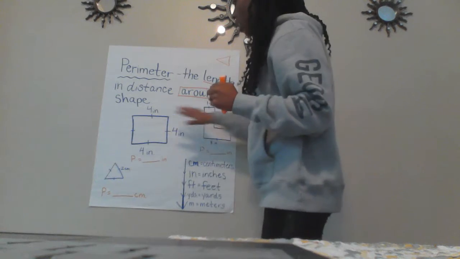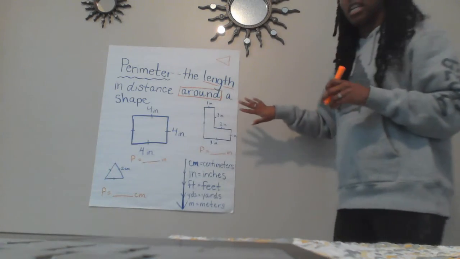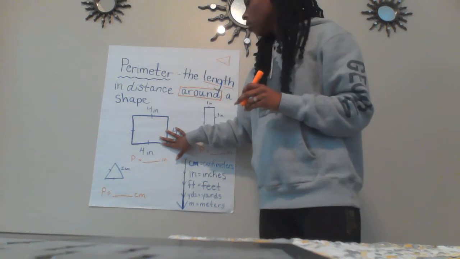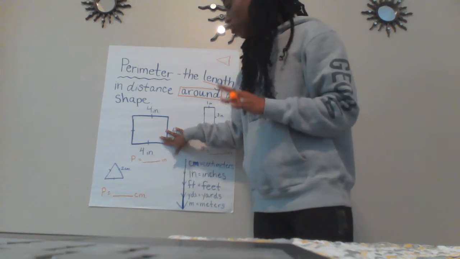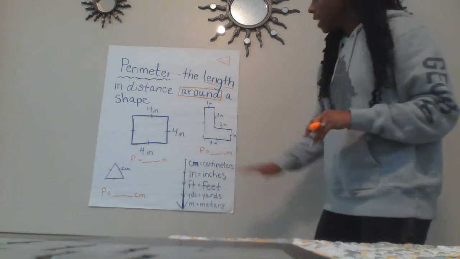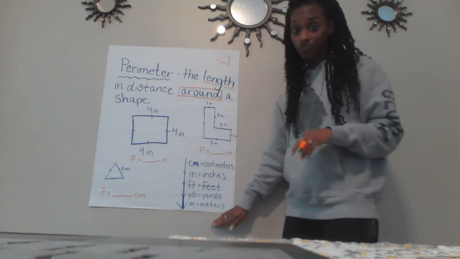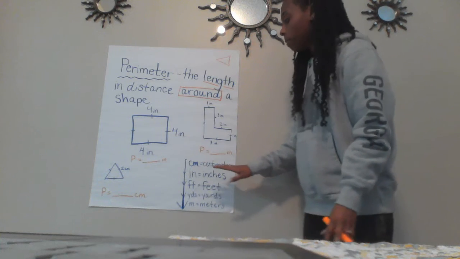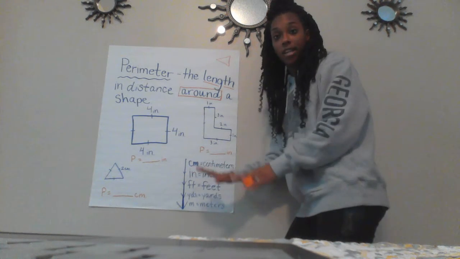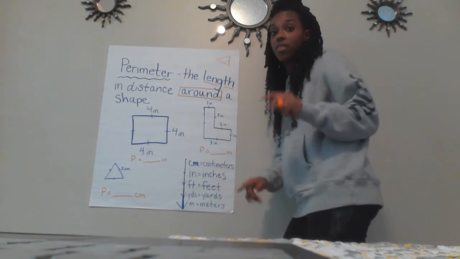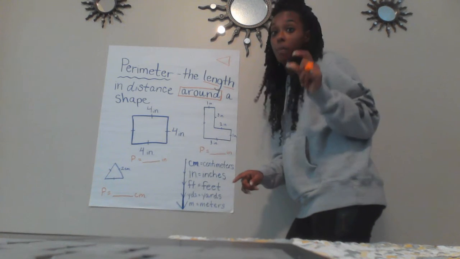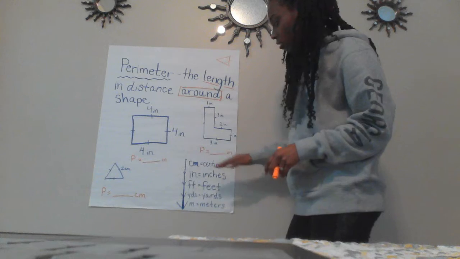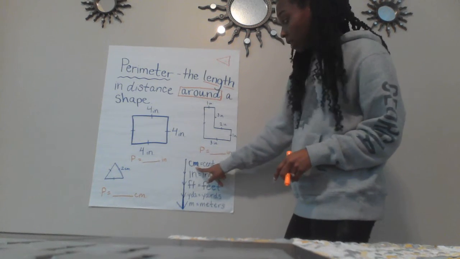So I have three shapes up here. We have, again, this irregular shape, this basic shape, and this other basic shape. Now down here in this corner, we have the measurements that we're going to be using. Remember how I said that your answer was not complete unless you have the unit of measurement that you're using, right? So you have centimeters, abbreviated cm.